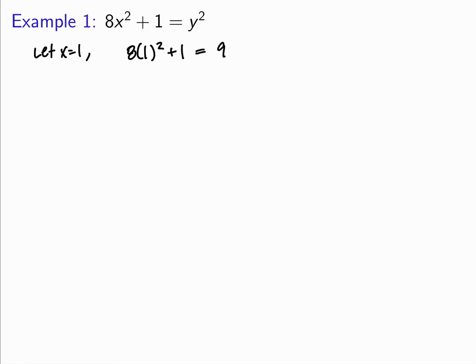We want a perfect square over here for our y squared. So if x equals 1, we can say that then y is a 3. So 1, 3 is a solution.